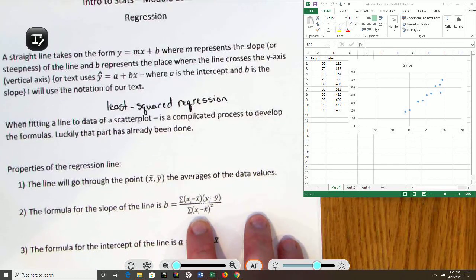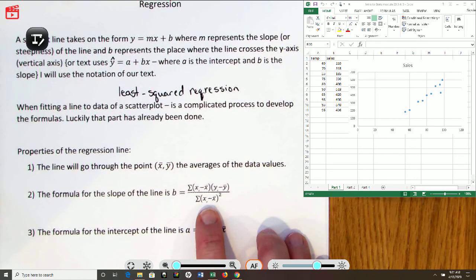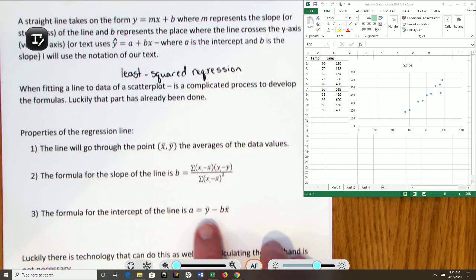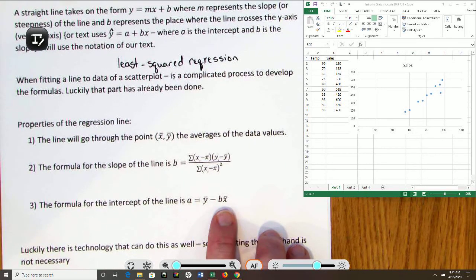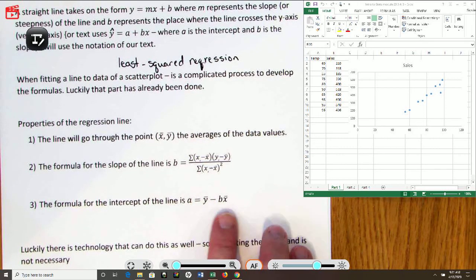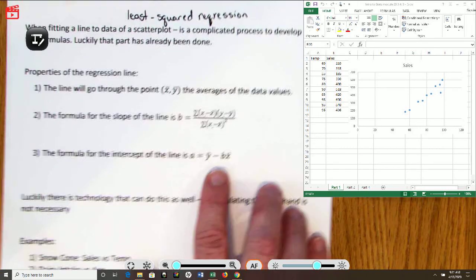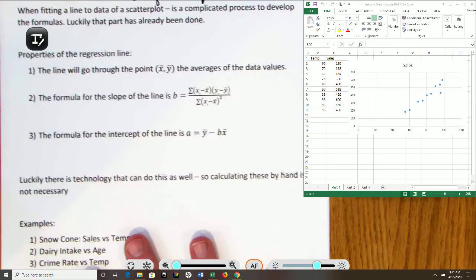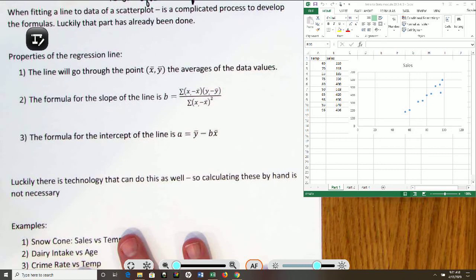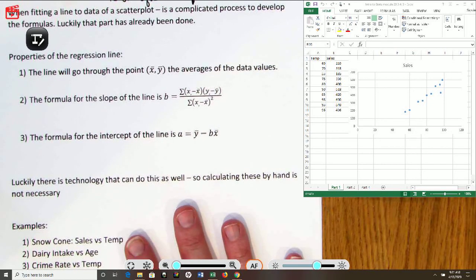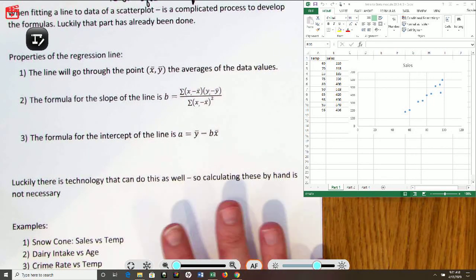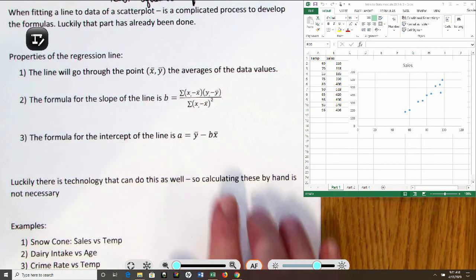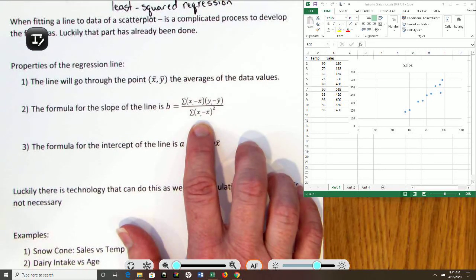The formula for the slope is this ugly looking thing, but again, we're going to use technology to find it. If you wanted to find your y-intercept, it would be using this formula. Luckily there's technology that can do all of it for us, so calculating this by hand is no longer necessary. Unfortunately, when I was in school, this technology did not exist yet, so I was cranking these ugly things out by hand. It was not fun.